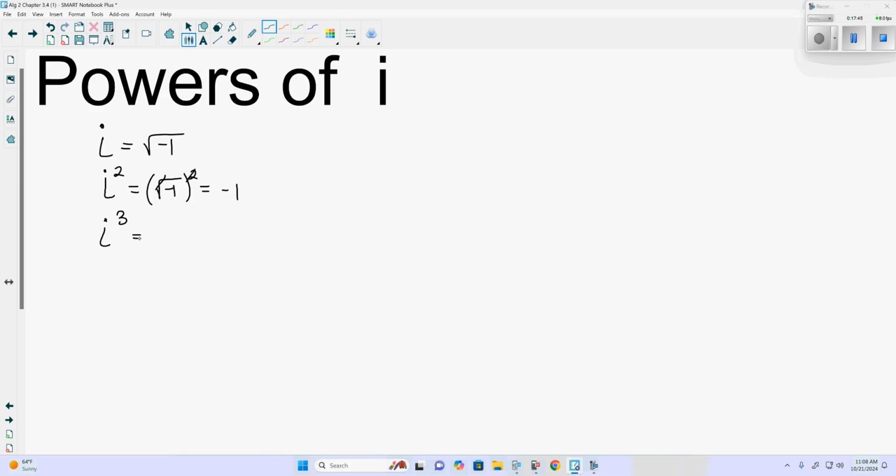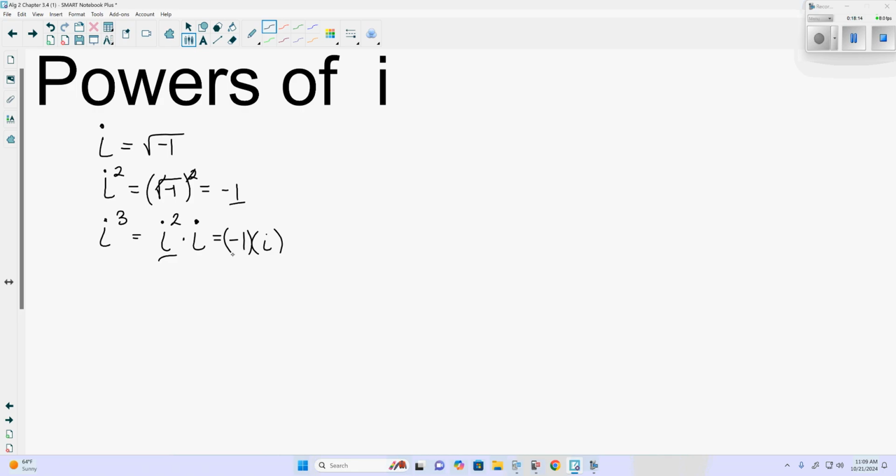We're going to multiply it by itself 3 times now. i to the third, really it is i cubed. Really, we're just taking the previous one, i squared, and multiplying it by i. Well, what is i squared? i squared is negative 1. So what we're really saying is that we have negative 1 times i.